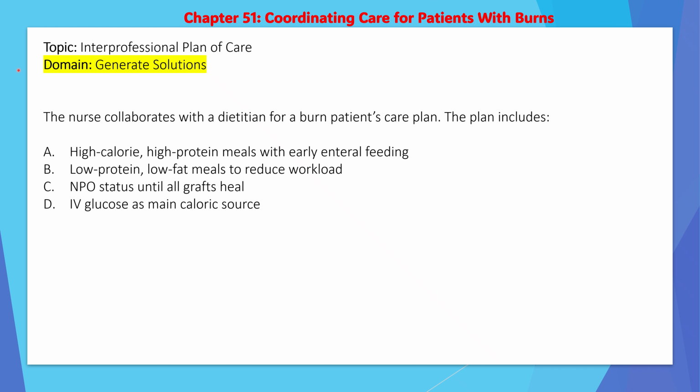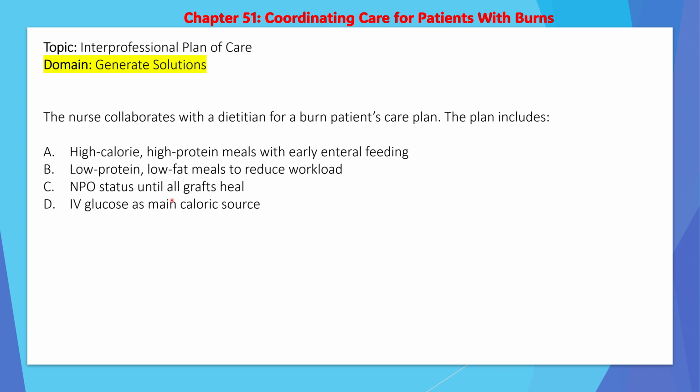Topic: professional plan of care. NCLEX domain: generate solutions. The nurse collaborates with the dietitian on the burn patient care plan. The plan includes: A. High calorie, high protein meals with early enteral feeding. B. Low protein, low fat meals to reduce workload.